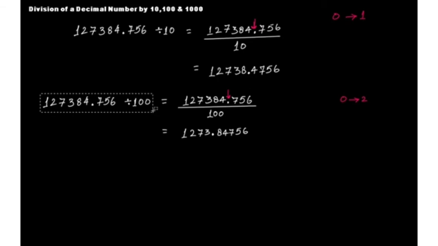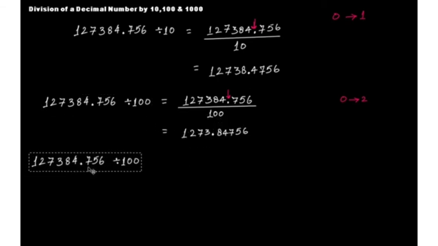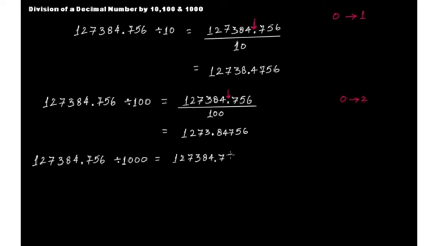Let's take this one again. Control-C, Control-V. Here, you have to divide by 1000. So this is 127,384.756 divided by 1000. Your decimal point is here. How many zeros do we have in 1000? We have 3 zeros.